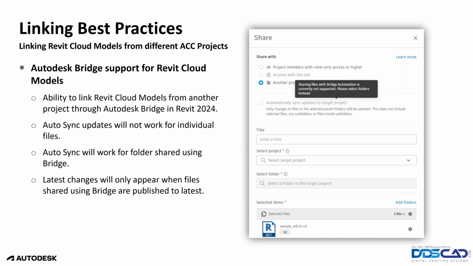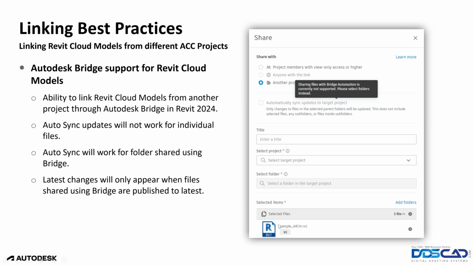Bridge is blurring the lines on that, because in theory, you can mirror a folder in your project to a folder in their project in a totally separate hub. It gives you the ability to link those Revit Cloud models from one project through to another project, specifically in Revit 2024, I believe. Again, this is a fairly new change. Those folders will automatically synchronize with each other.